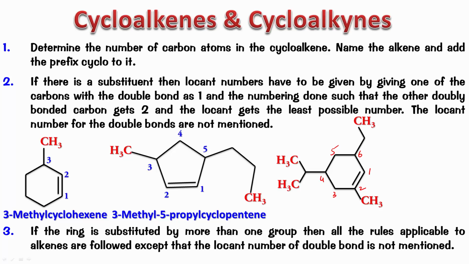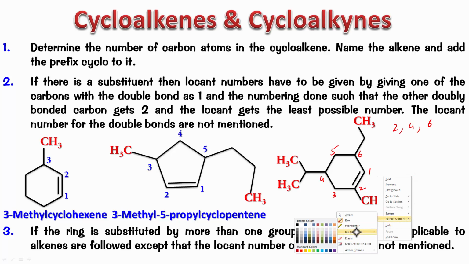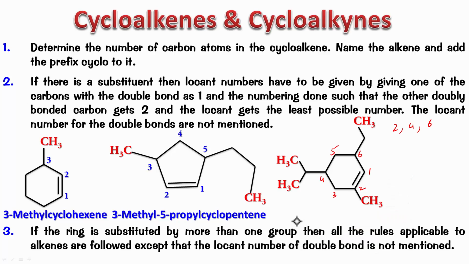So where do I get my substituents? 2, 4, 6. So let's change my ink color. Now let me use black. Now another option is I could use this is 1, this is 2, 3, 4, 5, 6.